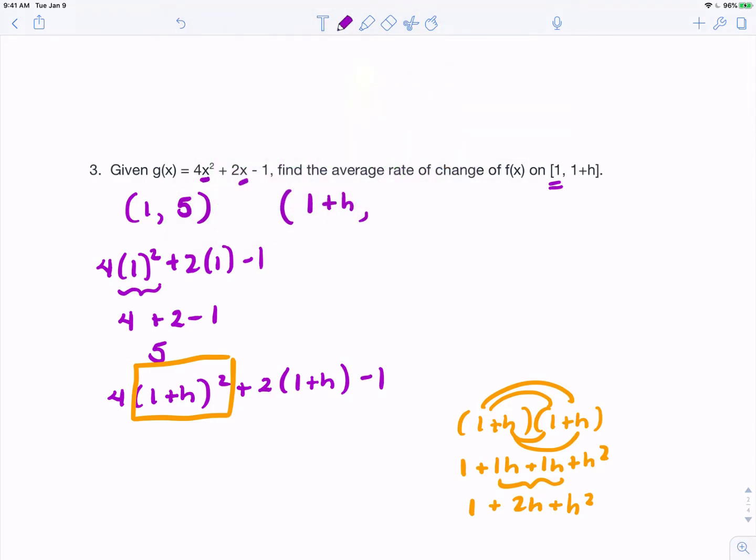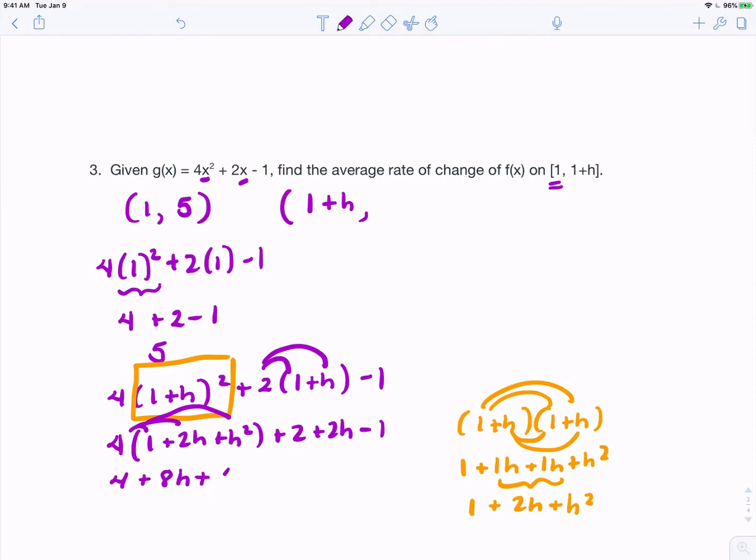All right, so we have 4 times, and this turned out to be 1 plus 2h plus h squared. We'll distribute here, plus 2 plus 2h minus 1. Now we'll distribute here, 4 plus 8h plus 4h squared, plus 2 plus 2h minus 1.